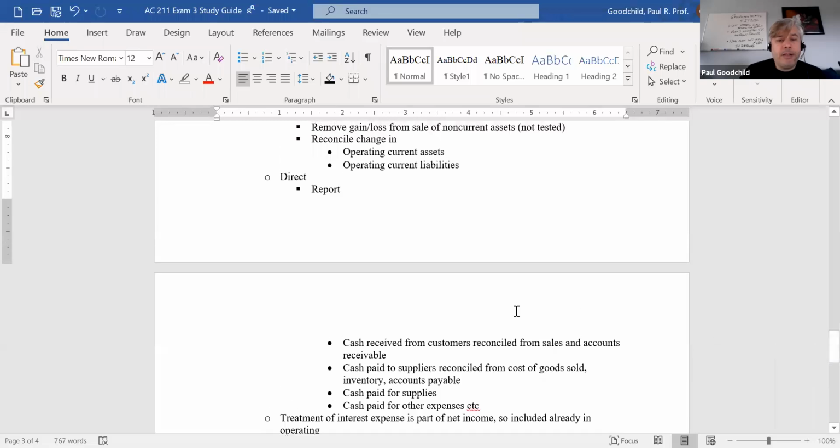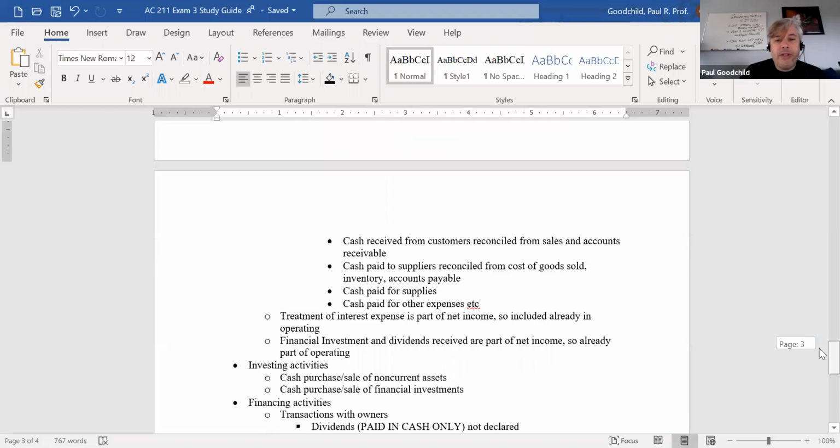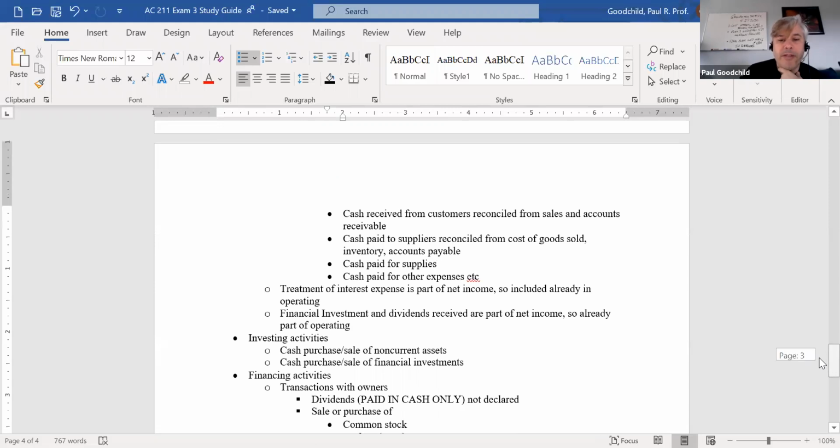The direct, you're going to report cash received from customers, reconciled from the sales and accounts receivable, cash paid to suppliers. It shouldn't be, I guess suppliers is fine. Cash paid for supplies and cash paid for other expenses.